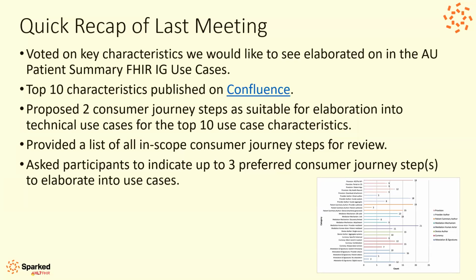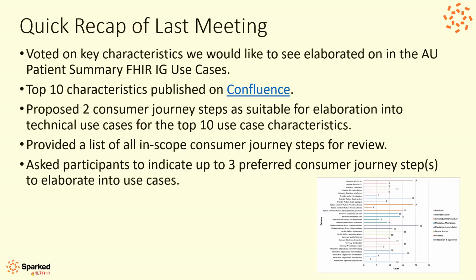And so from that activity, we created a Confluence page, and I've put a link in the chat where we published a list of those top 10 characteristics, which we're using as a reference point for selecting and shaping our use cases. And then based on those characteristics, we proposed the 2 consumer journey steps that we believe best represent those as the examples that we want to develop in the FHIR IG.